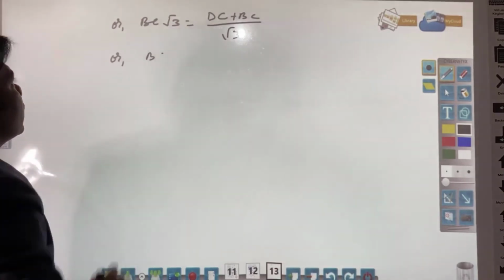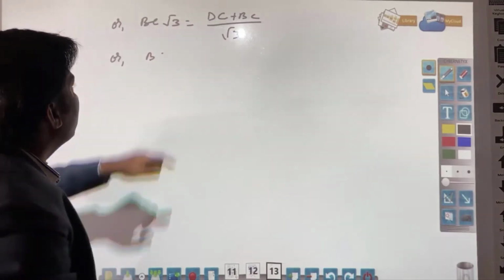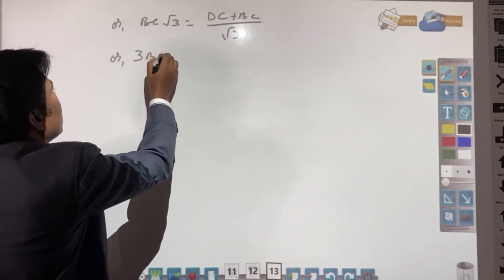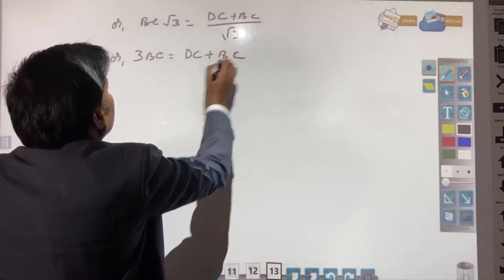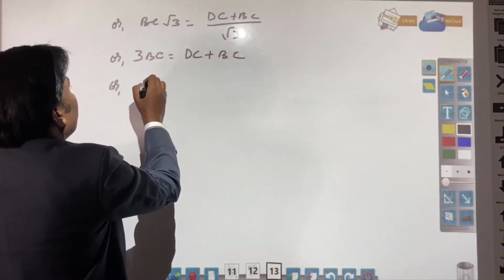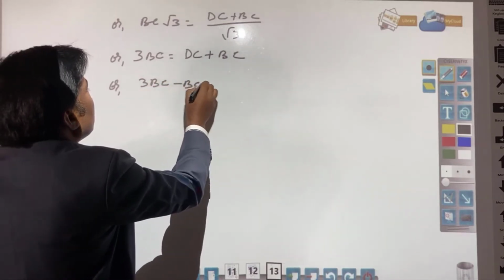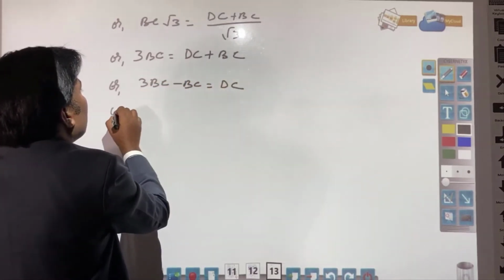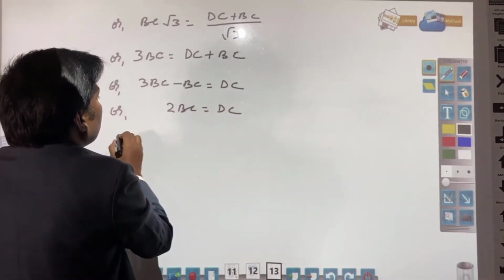We can write BC root 3 into root 3 is equal to 3BC will be equal to DC plus BC, or 3BC minus BC is equal to DC, or 2BC is equal to DC.